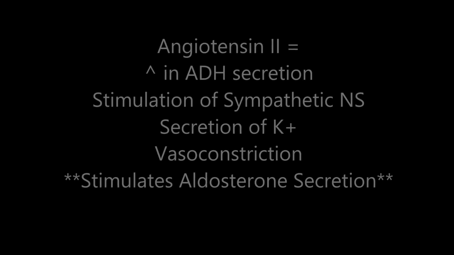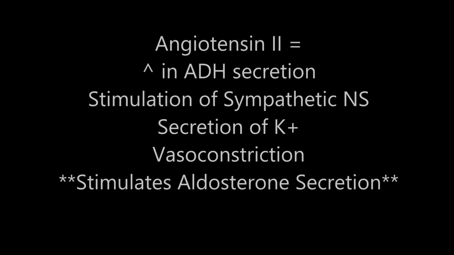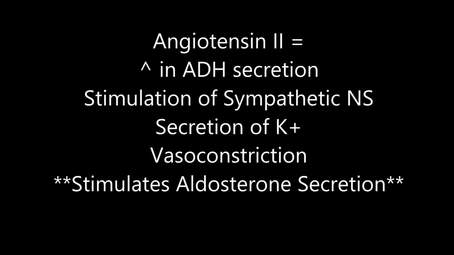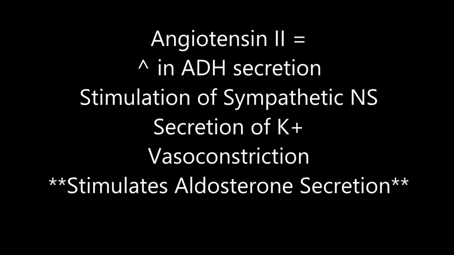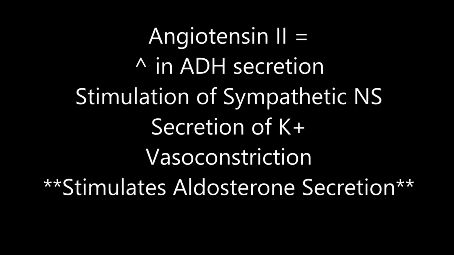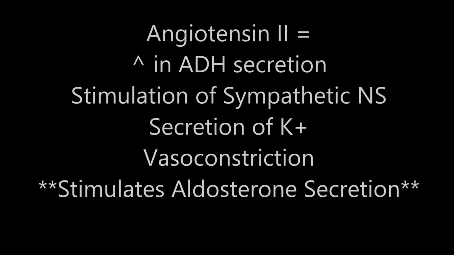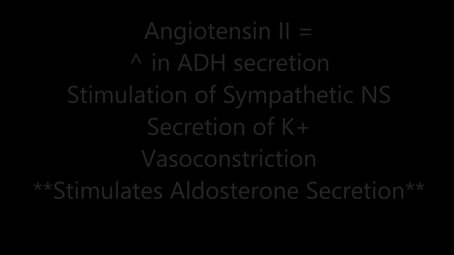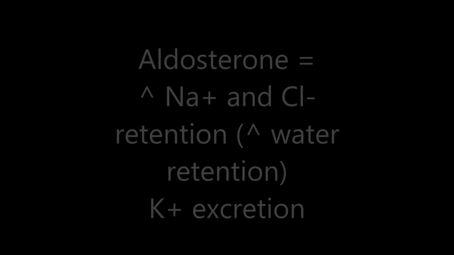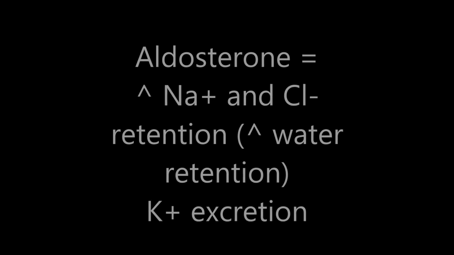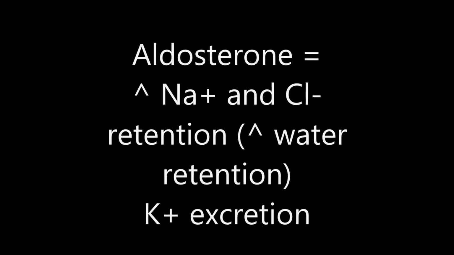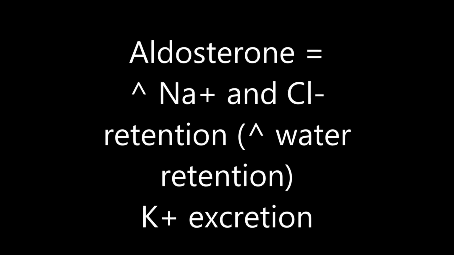Angiotensin 2 will increase ADH secretion, so we keep more water around, stimulate the sympathetic nervous system, which is fight or flight, will cause secretion of potassium, also cause some vasoconstriction, and then it stimulates the aldosterone secretion. And aldosterone, remember, is going to then increase sodium and increase chloride retention.